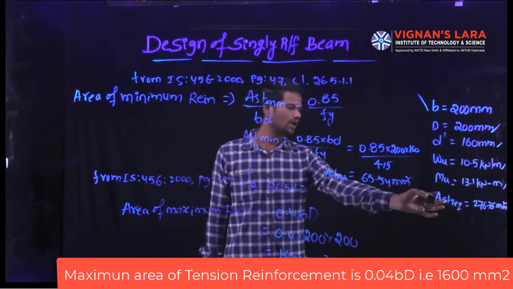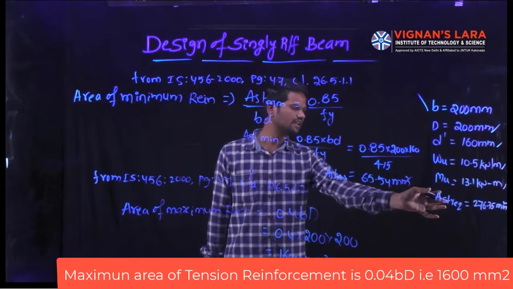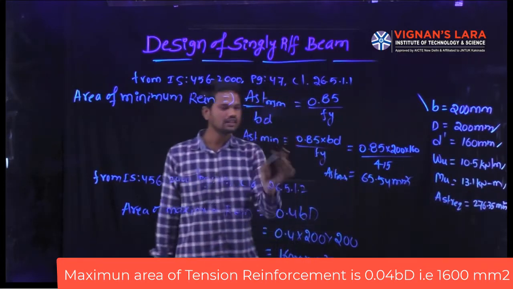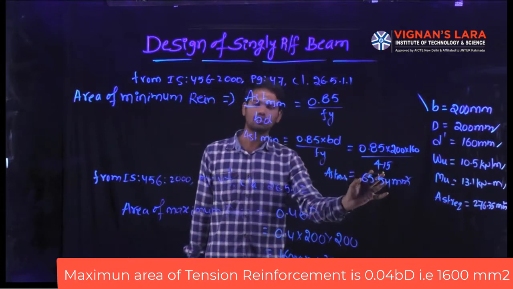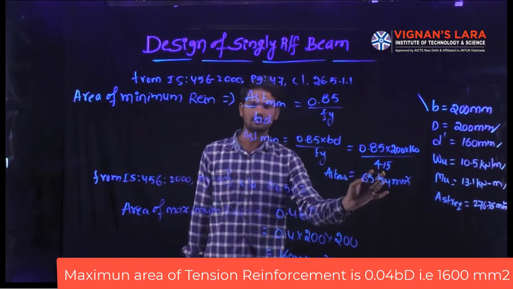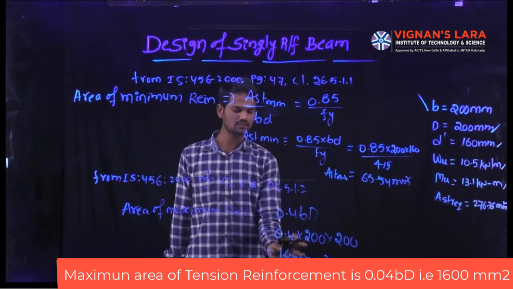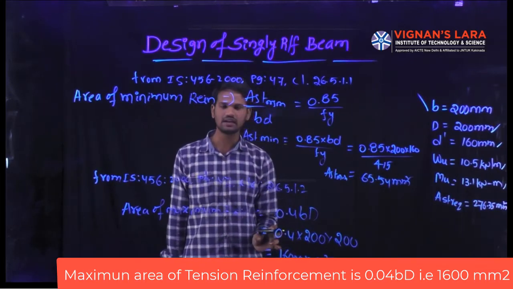That means we have calculated the area of the steel required as 276.35 mm square. The minimum area of the steel reinforcement we have to provide is 65.54 mm square, whereas the maximum area of the steel reinforcement is 16,000 mm square.